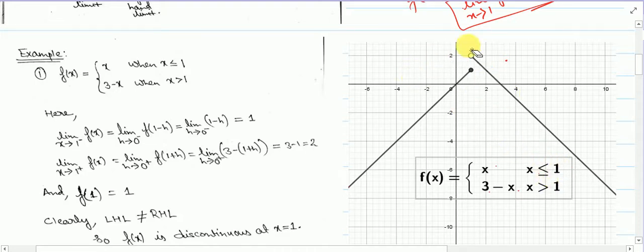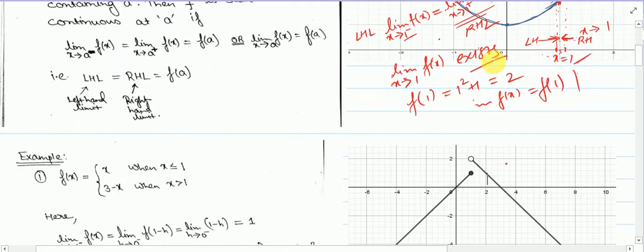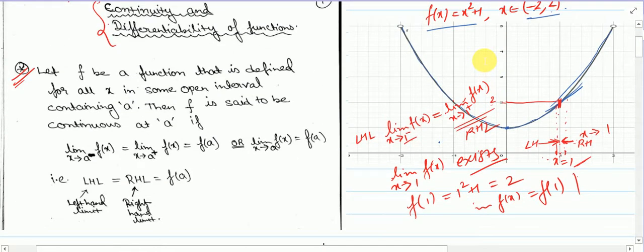So all the time it's not possible for us to draw a graph and then discuss its continuity and discontinuity. So we have some method for that. So that method is this.